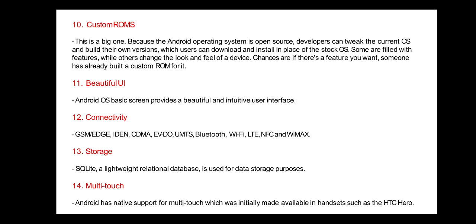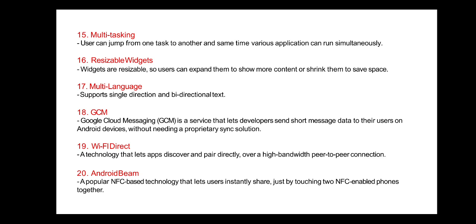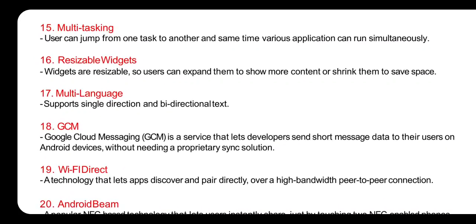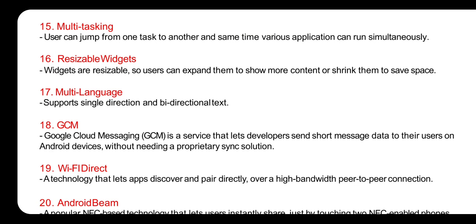Next, multi-touch. Android has native support for multi-touch, which was initially made available in handsets such as the HTC Hero. Next, it is a multitasking device. Users can jump from one task to another at the same time, where various applications run simultaneously.